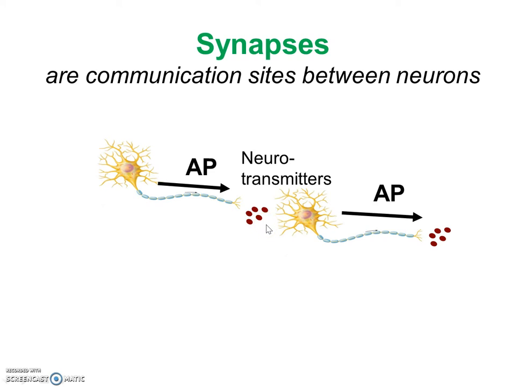So instead, we have to use something called neurotransmitters. So neurotransmitters are physical chemicals. They're chemical molecules, and they actually help relay the message across the synapse to the next neuron. And then the next neuron can convert that into another action potential and send it on to the next synapse, where you get more neurotransmitters to go to the next neuron.